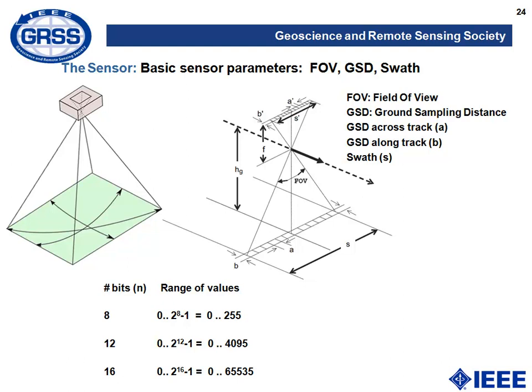According to this number of bits, we can summarize the image with a different sort of digital numbers, so we have more or fewer values to be represented.